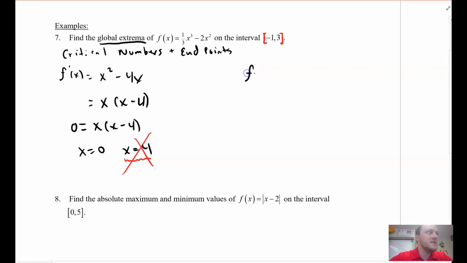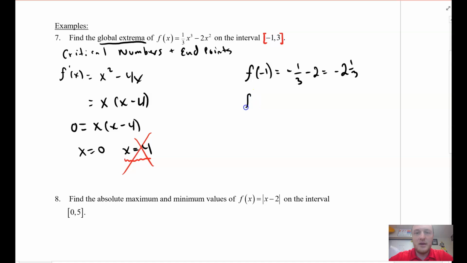So what is f of -1? Okay, so when I plug in -1, we get an output. This becomes -1/3 minus, -1 squared is 1 times 2 is 2, so minus 2. So we get -2 1/3.